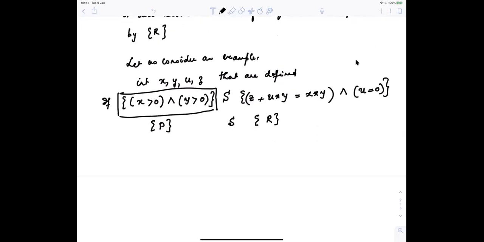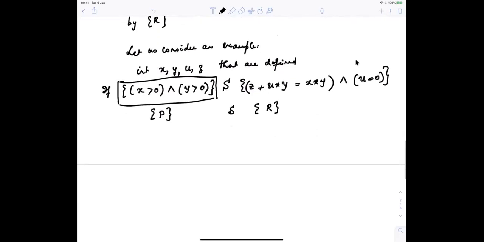Then let us look at this second statement here. We have z plus u star y equals x star y, and u equals 0.